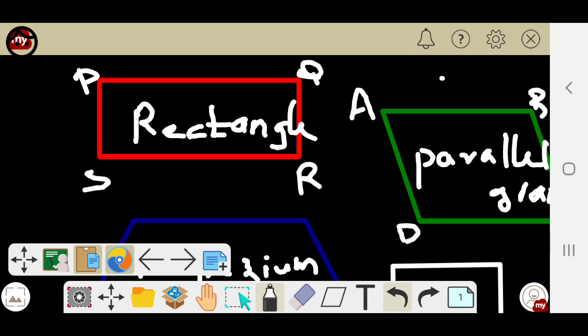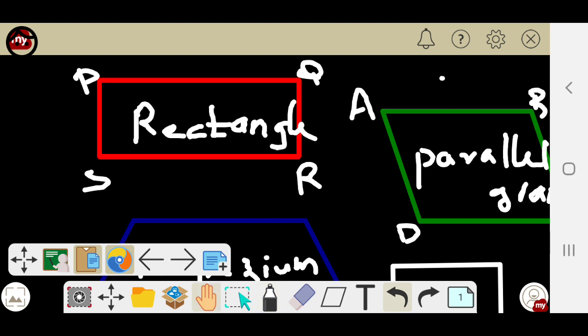Opposite angles are equal and all angles are of equal measure. First, what we can tell? Opposite sides are equal. PQ equal to RS and PS equal to QR. Is a rectangle a parallelogram? Yes, very sure, because in a rectangle, opposite sides are parallel and equal.